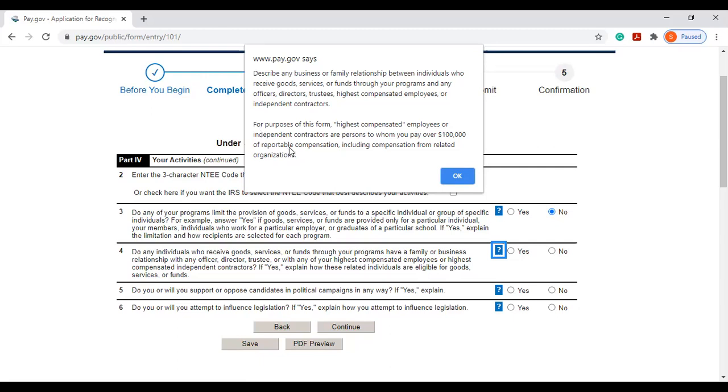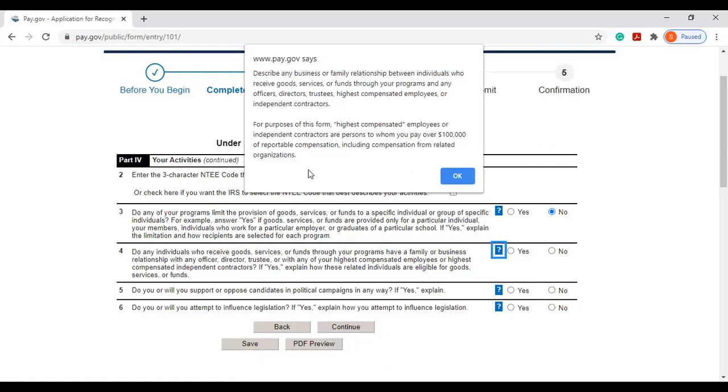For purposes of this form, meaning the Form 1023 application for recognition of exemption, highest compensated employees or independent contractors are persons to whom you pay over $100,000 of reportable compensation, including compensation from related organizations.